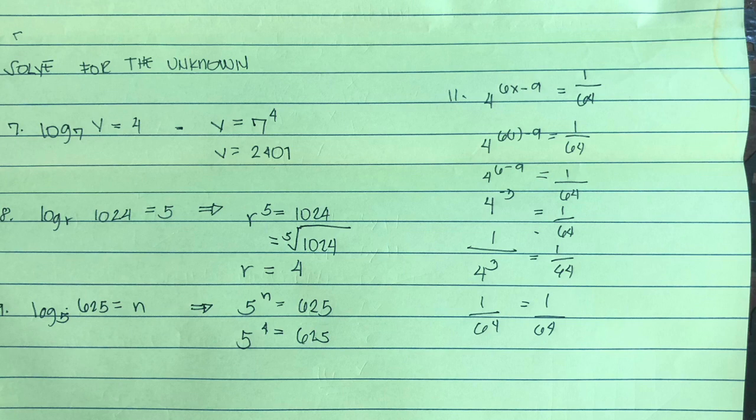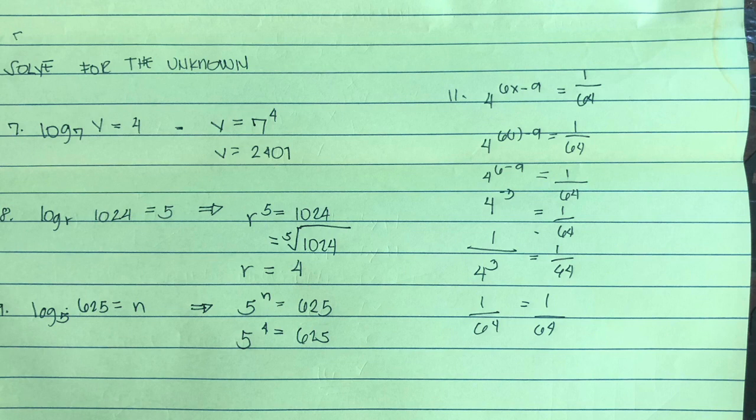So 5 raised to the power of 4 is equal to 625, because 5 times 5 is 25, times 5 is 125, times 5 is 625. So n is 4, that's logarithm of 625 base 5 is 4.